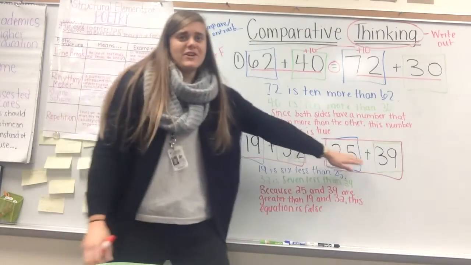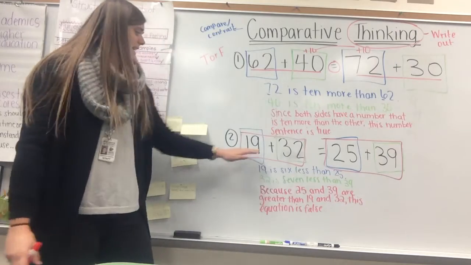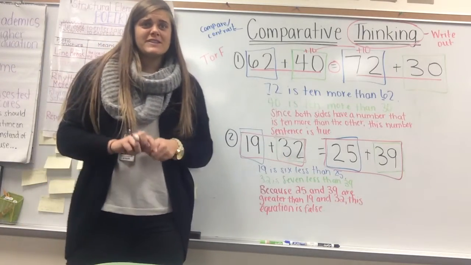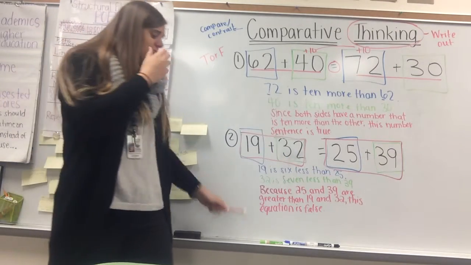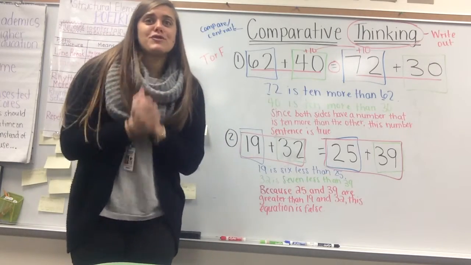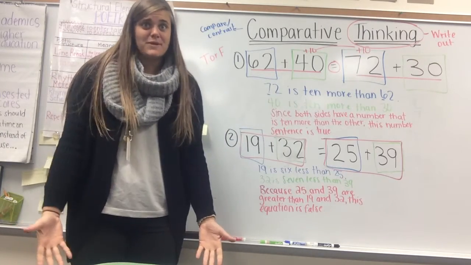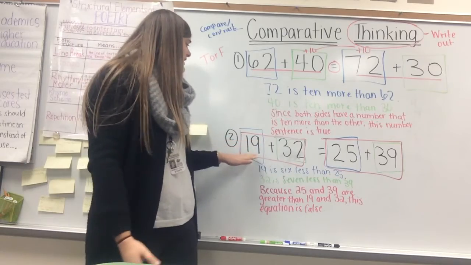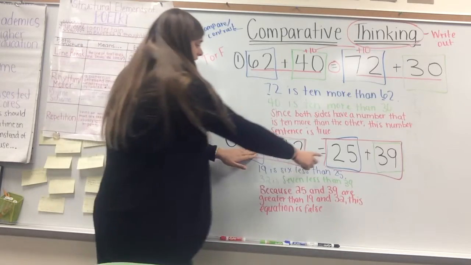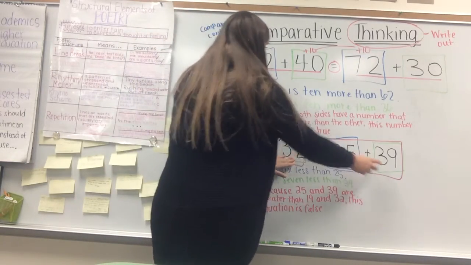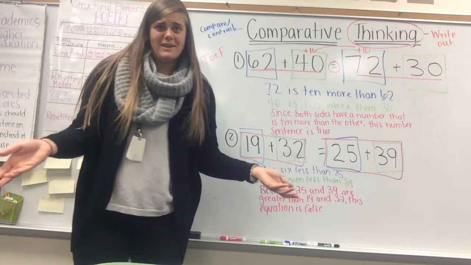Since 25 and 39 are bigger numbers than 19 and 32, we know it's false. The best way to figure out these equations is to look really carefully at the first two numbers. If you're looking carefully and see, well, 19 is less than 25 and 32 is less than 39, there's no way that they can be equal.